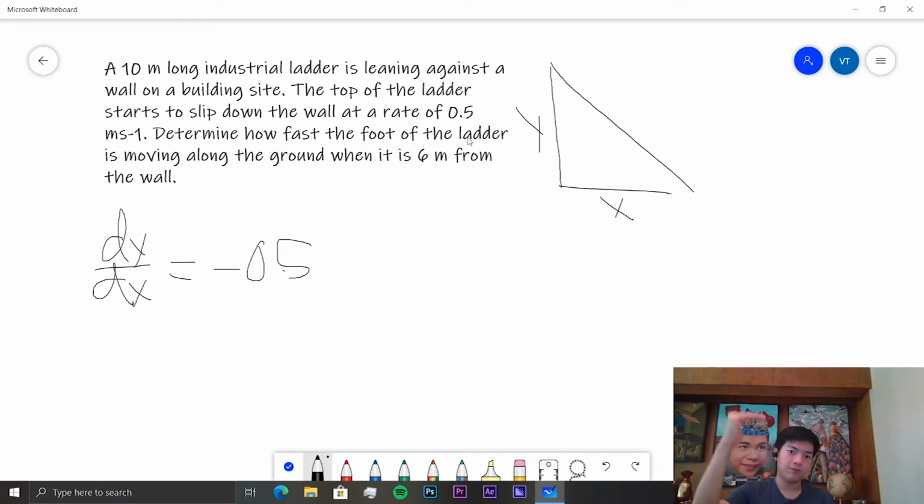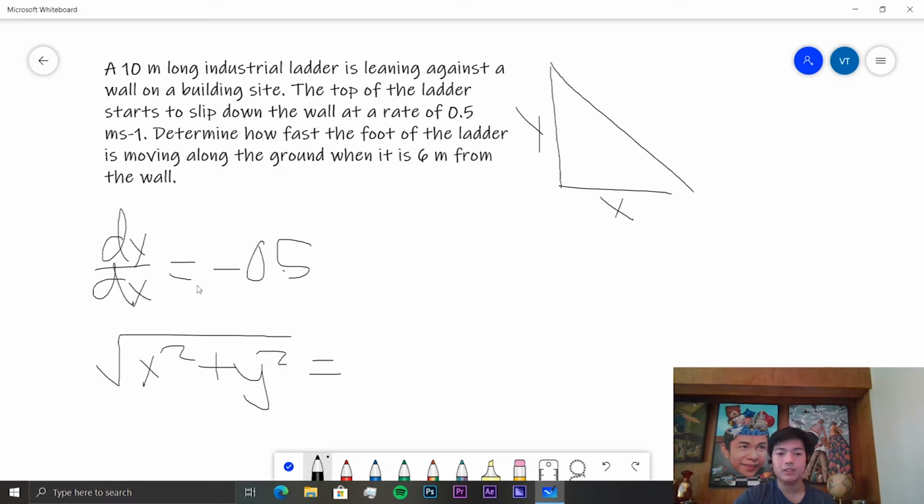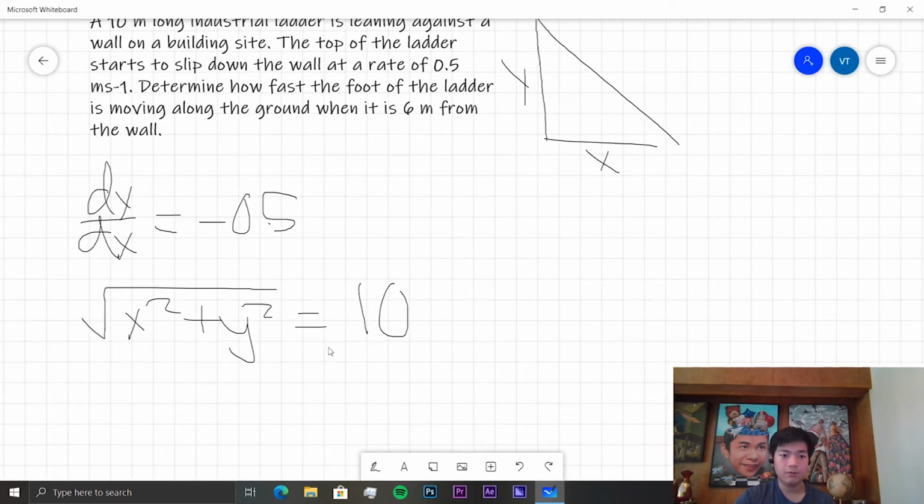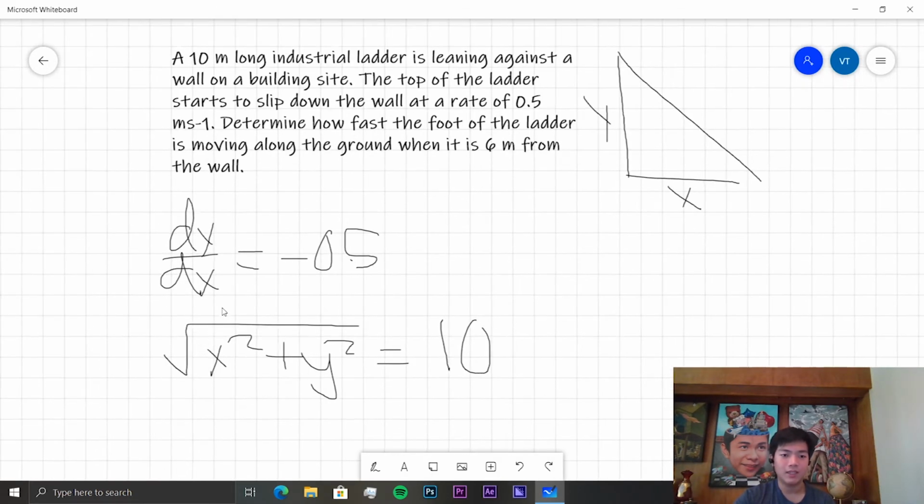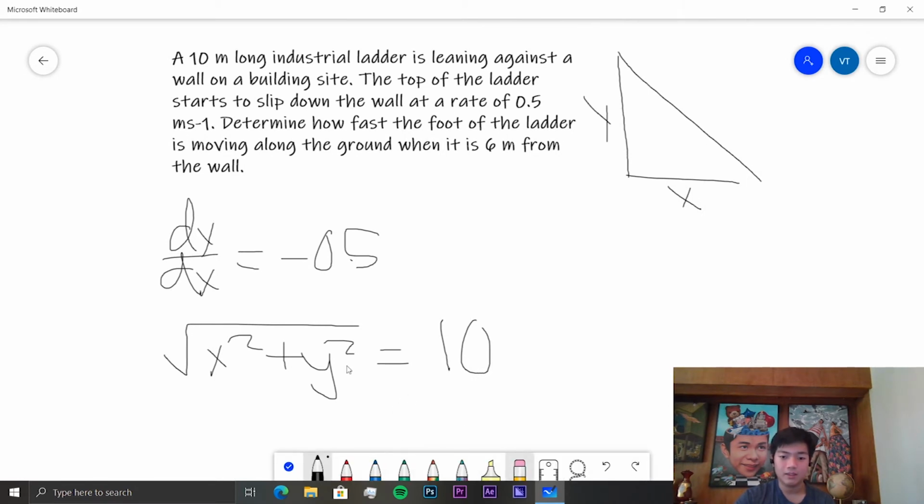Because it's falling down, and so the y value is decreasing at a rate of 0.5 meters per second. We also have another equation, and that's the square root of x squared plus y squared is equal to 10, since the ladder is 10 meters long. Sorry, this is not dy over dx, this is dy over dt.